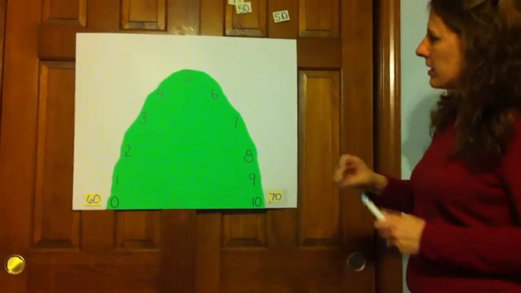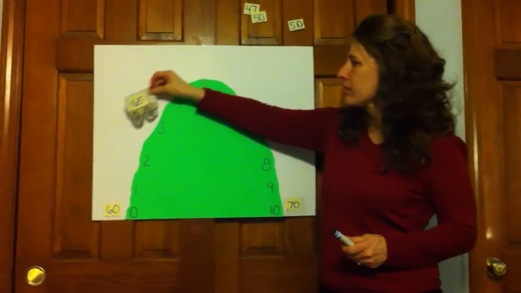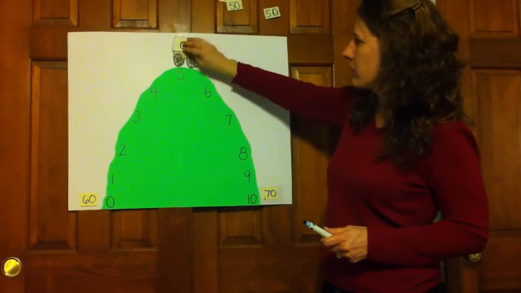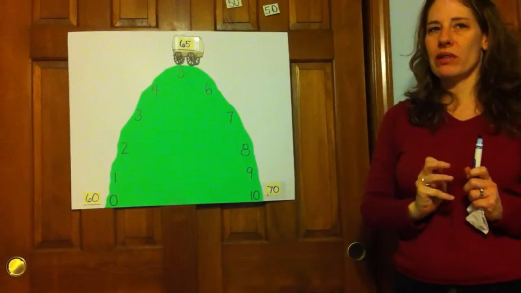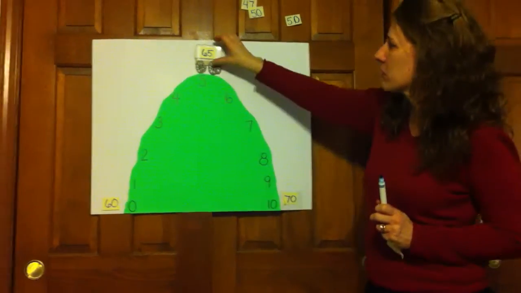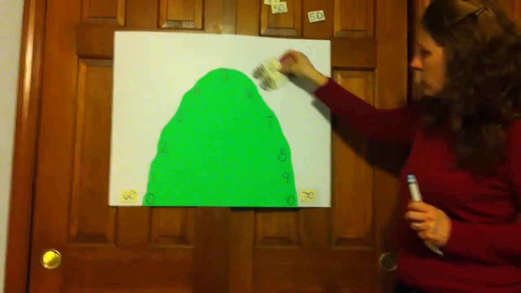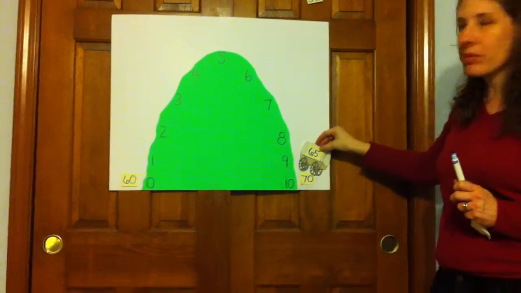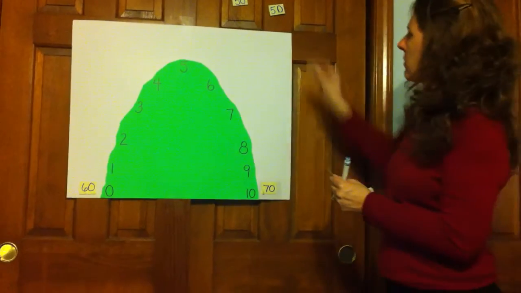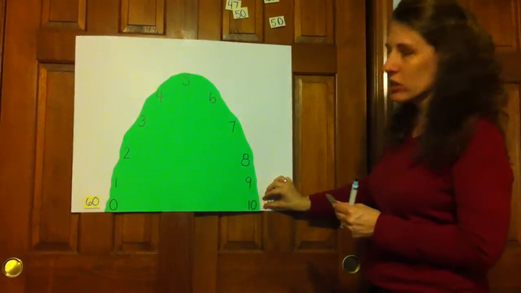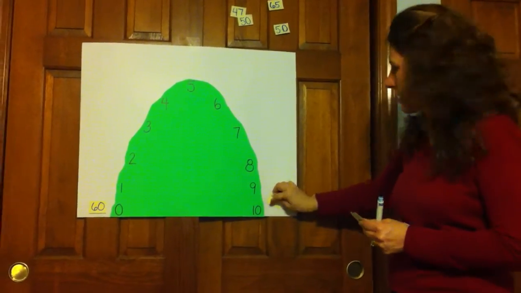So how far up the mountain will we go? To the 5. Now remember, what did I say when it's right on the top? Is it going to slide backwards or roll forwards? Forwards, very good. So it rolls forward and rounds to what number? 70. Very good. Okay, does anybody have any questions so far? Good job.